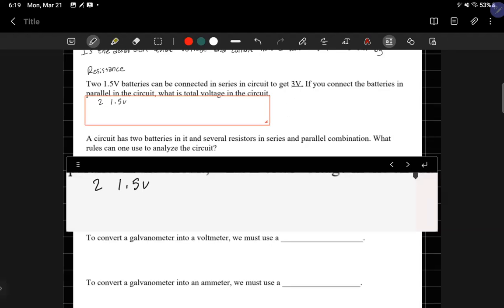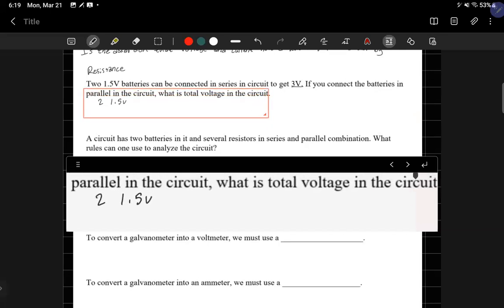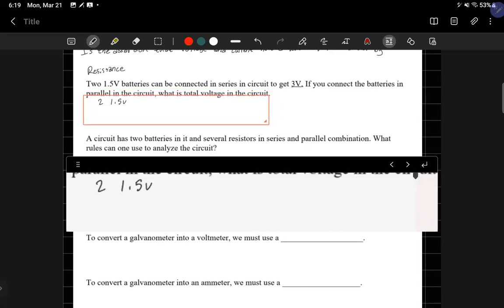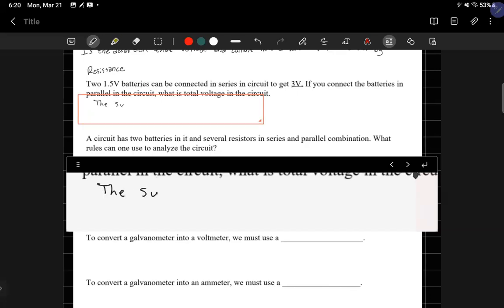I'm not 100% sure on the specifics of it, like if it's at a specific junction or if it's just of the circuit. But I think if you were to write, the sum of your batteries would be the total voltage.